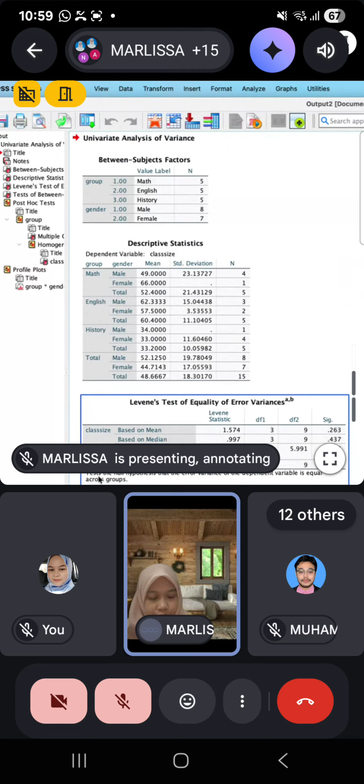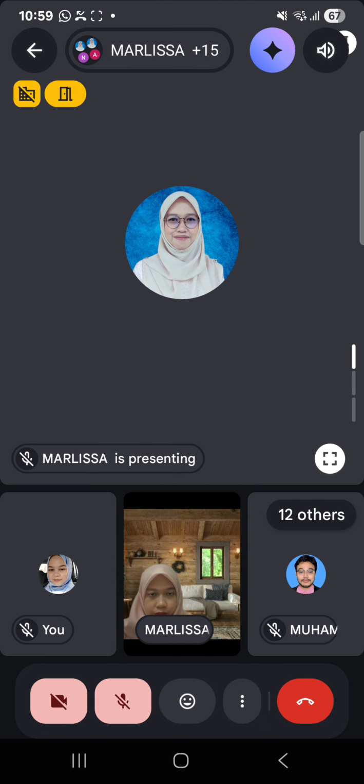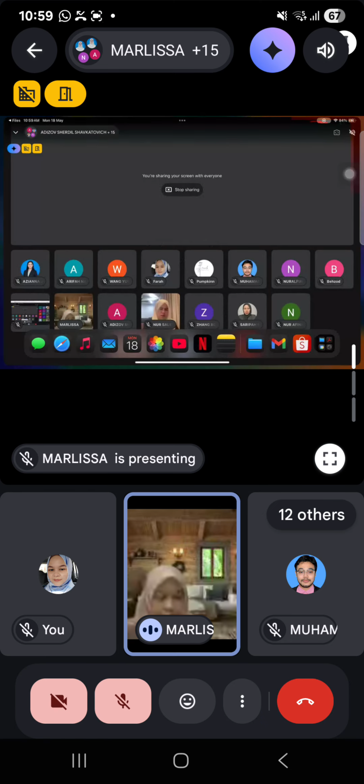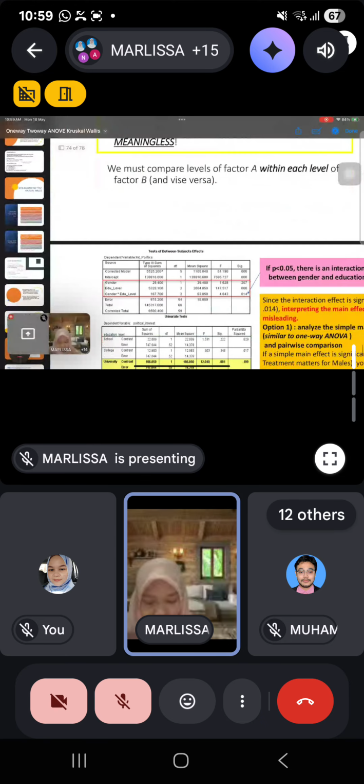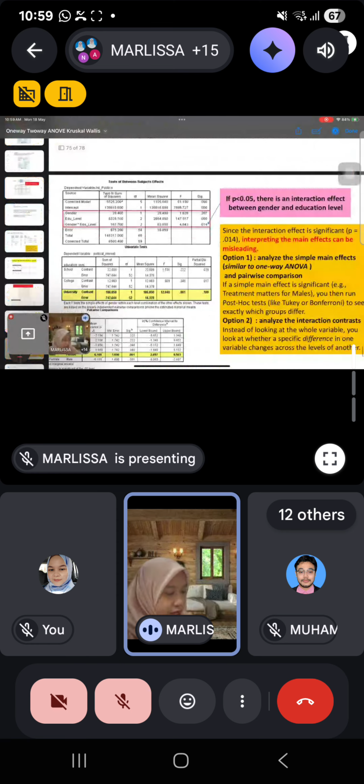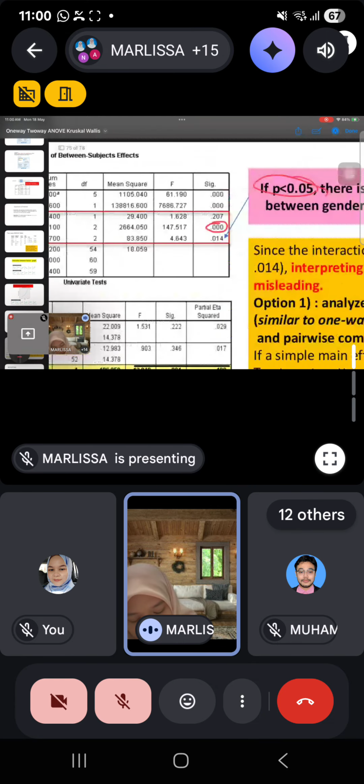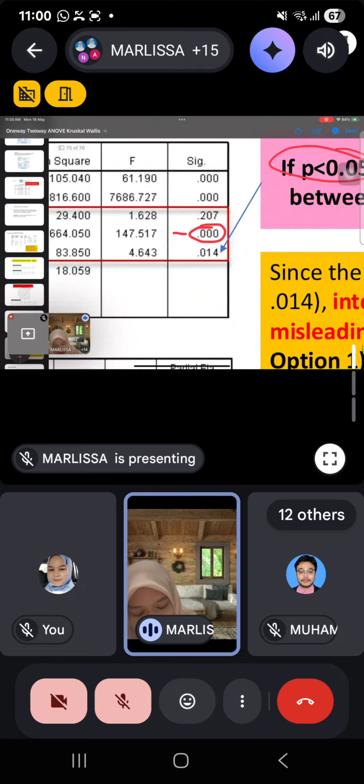All right, so let's look at this again. Can you see here? If P is less than 0.05, meaning that there is interaction effect. And this one you can see here, meaning that there is a significant difference.